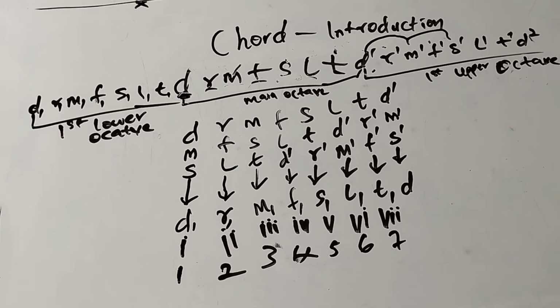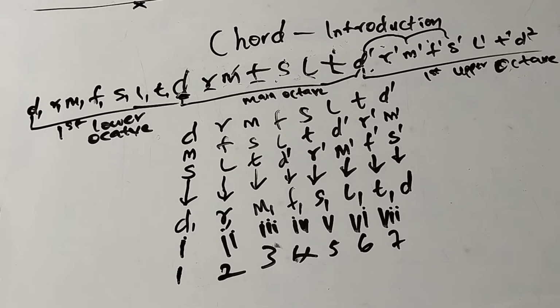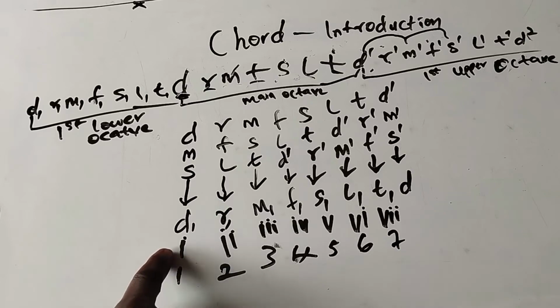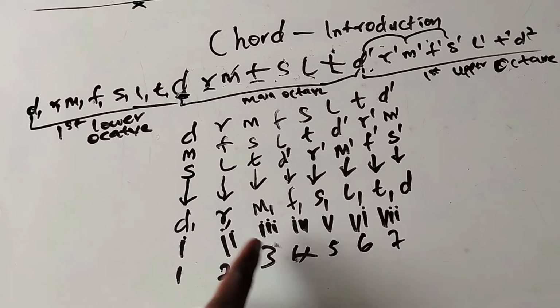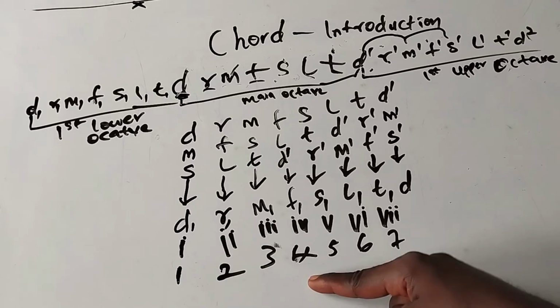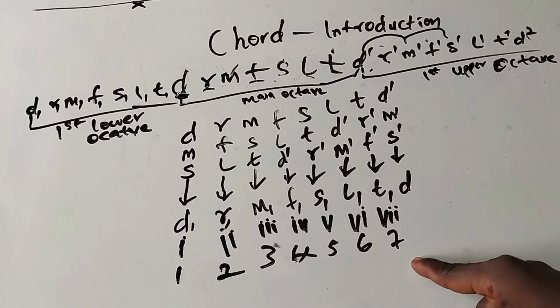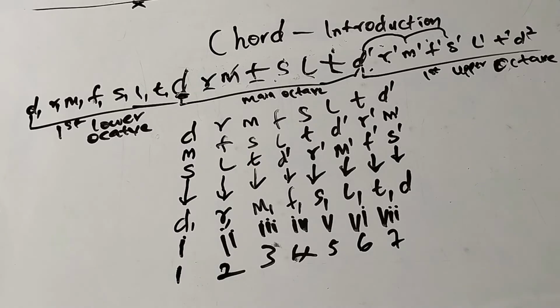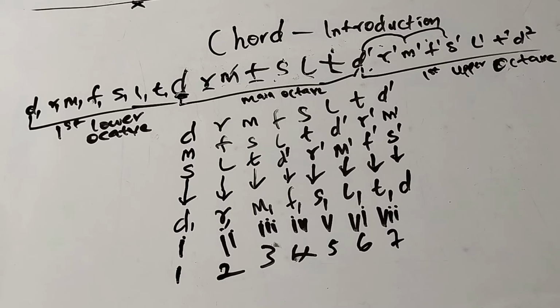So if somebody tells you to touch chord 1, if you are an organist, this is chord 1, this is chord 2, this is chord 3, this is chord 4, 5, 6, and 7. They are being called like that so that it will be easy for them to play it. Somebody can say play 1, 3, 4, 1, 5, 6.